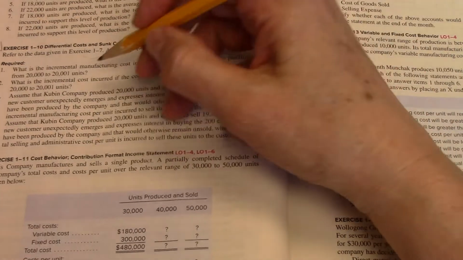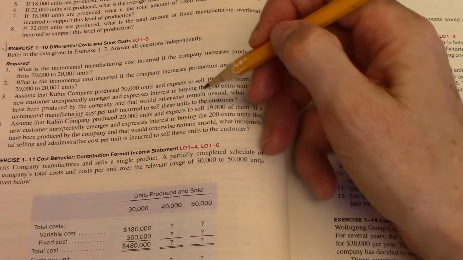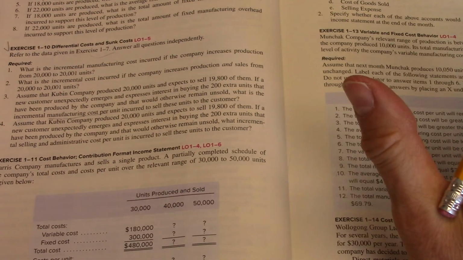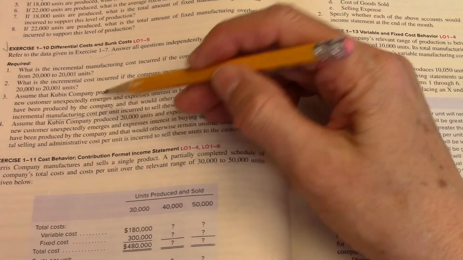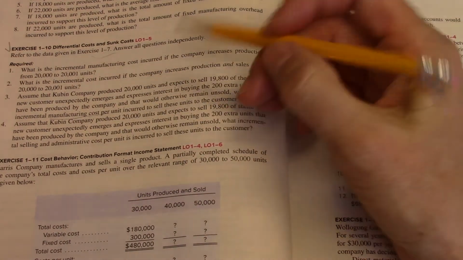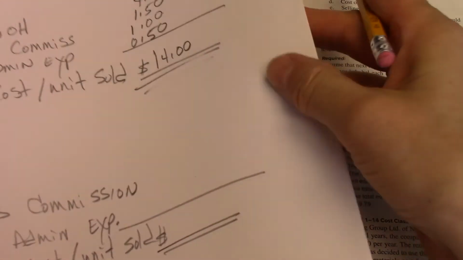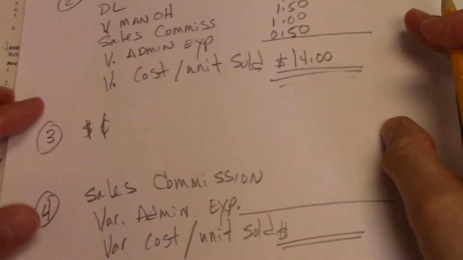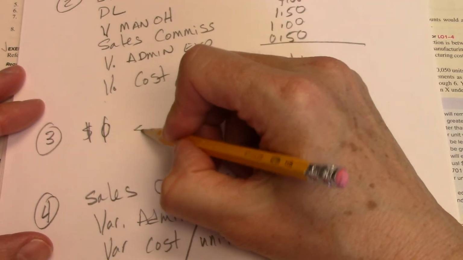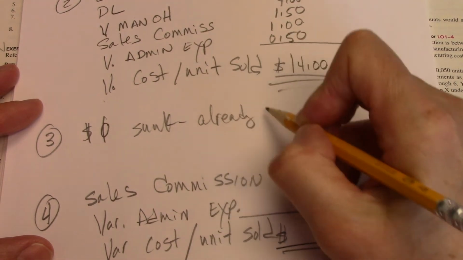So this is kind of hard. They're not asking for incremental sales, they're just saying, what's the manufacturing cost? Well, there is no additional cost. They're already produced, right? So it's 0. The cost is 0. Sunk. Already produced.